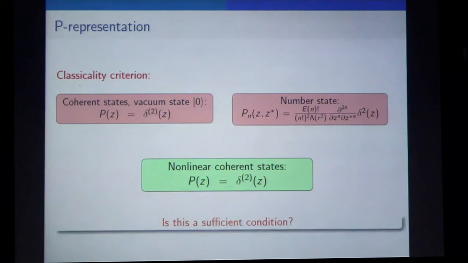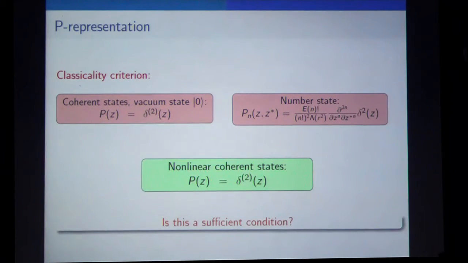We can associate a classical analog to these states. But if it is not, as in the case of the number states, this means that these states are non-classical states. When we calculate the P representation for the nonlinear coherent state, we found that it is singular compared to the delta distribution. But here it is important to ask: is this a sufficient condition to be sure that we can associate a classical analog to these states?